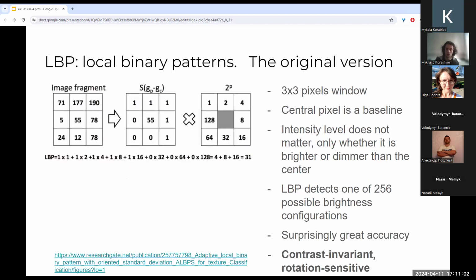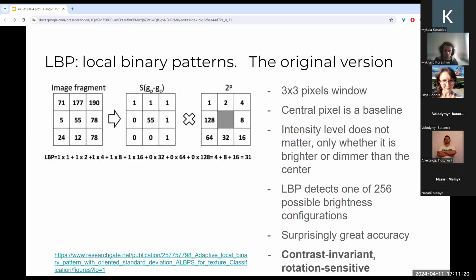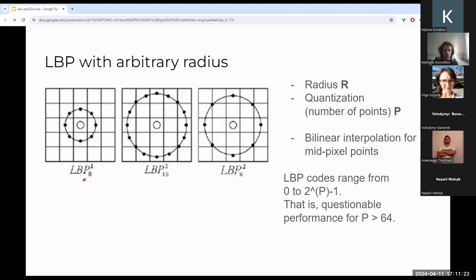And then we are doing absolutely the same thing, but the difference is that because we have more than 8 sample points, our LBP codes will be much larger. So here we can see we have 8 sample points, which correspond to this case. And 8 sample points correspond to 2 to the power of 8, 256 possible values.